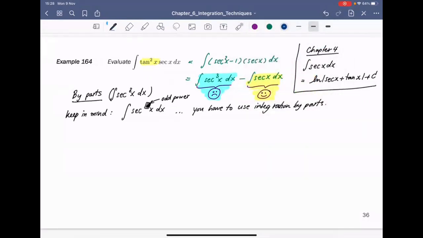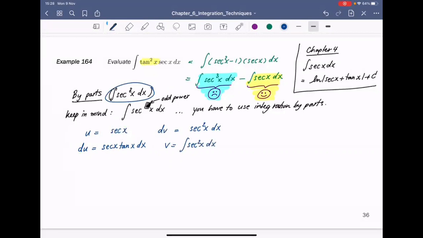So now I have to integrate secant cube x dx. I'm going to pick u equal to something, dv equal to something. I need to pick dv to be something that is easy to integrate. So I'm going to split sec square here and leave one sec here. Then I can differentiate sec, I get sec tan. And v is the integral of sec square.